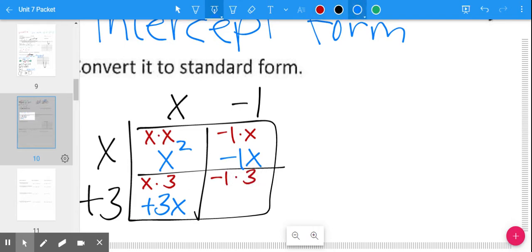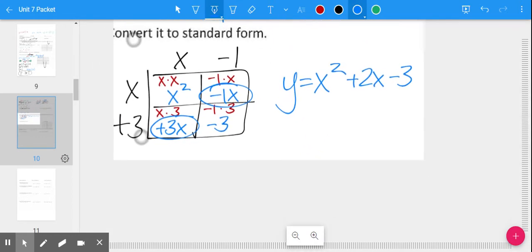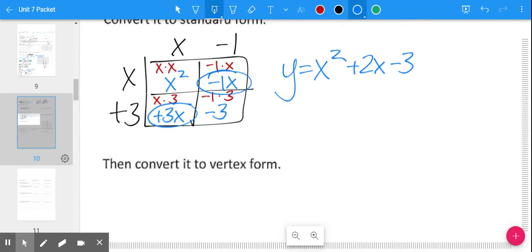So negative 1 times 3 is negative 3. So in standard form, combine your like terms. And there we are. So now that it's in standard form, we can convert it to vertex form.